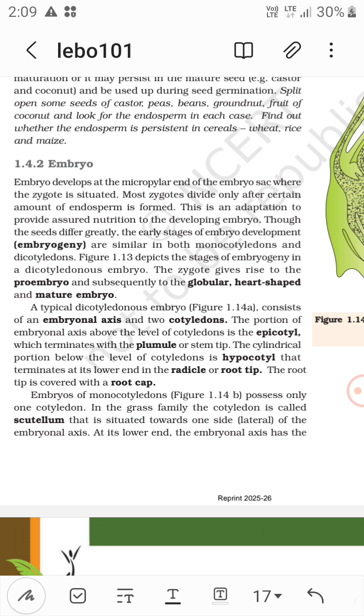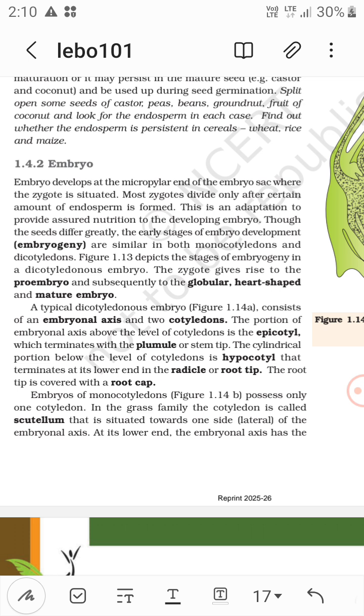Most zygotes divide only after a certain amount of endosperm is formed, because it gets nutrition from the endosperm, right? This is an adaptation to provide assured nutrition to the developing embryo.